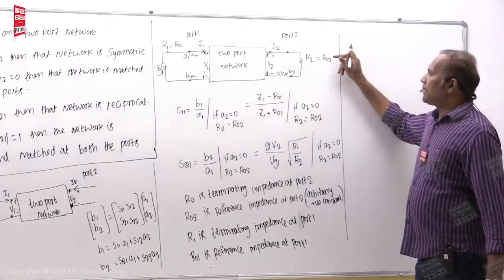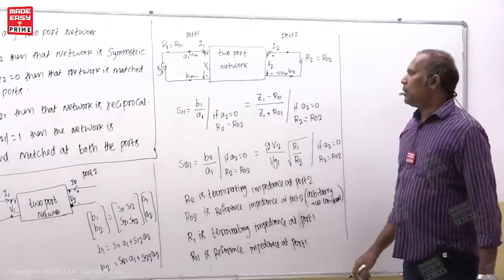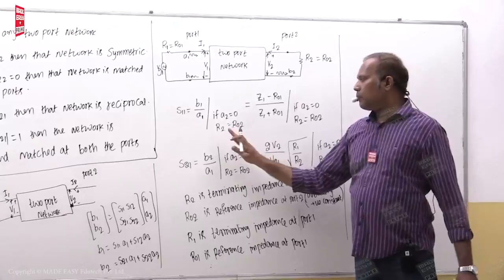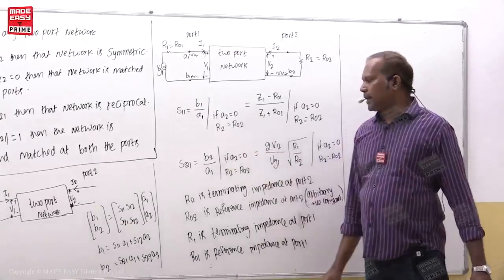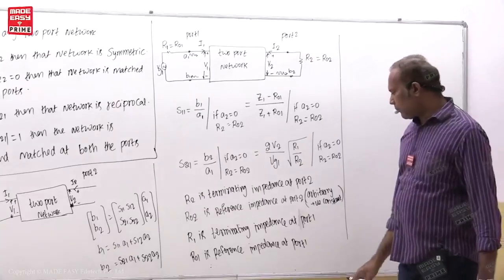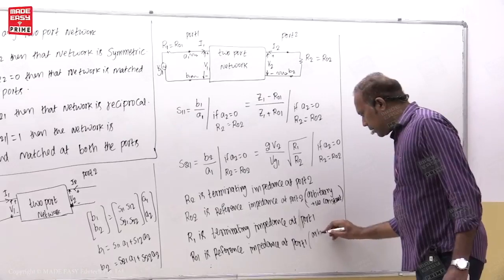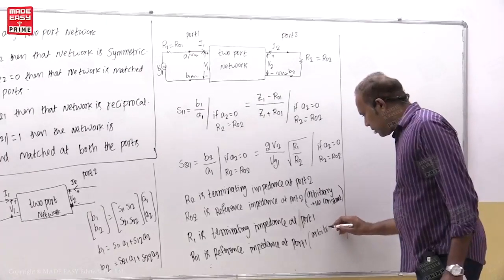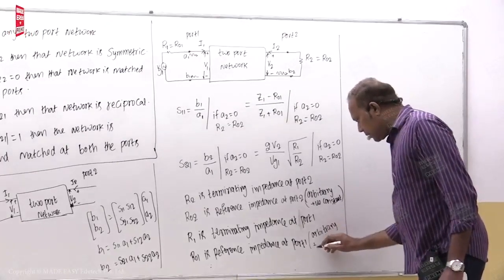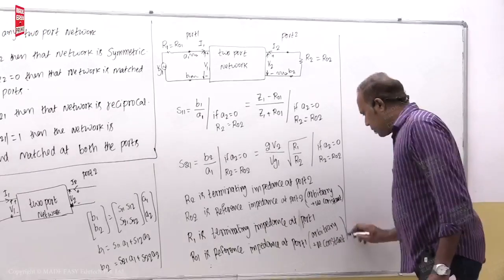You keep changing that until the reflected signal becomes 0. That is why the reference impedance at port 2 is taken. So they give these values, the reference impedance, in the question. Similarly, R01 is also an arbitrary positive constant.